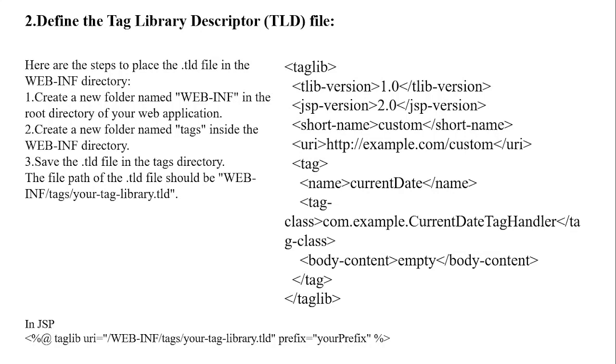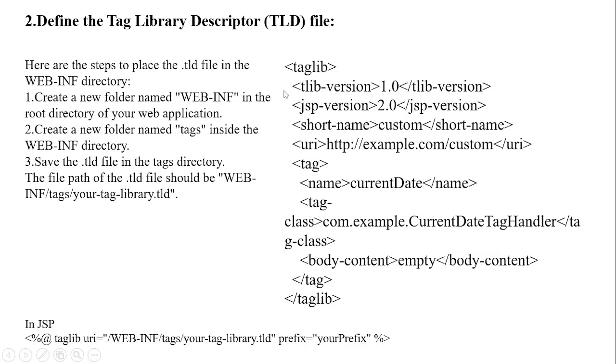After that we have to mention or define the name attributes, and we also define the body content. So like that we create a tag class and create a tag here, and after that we use this tag.